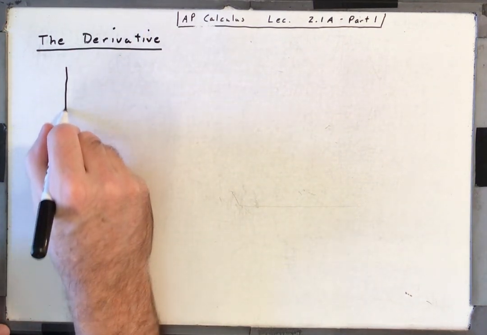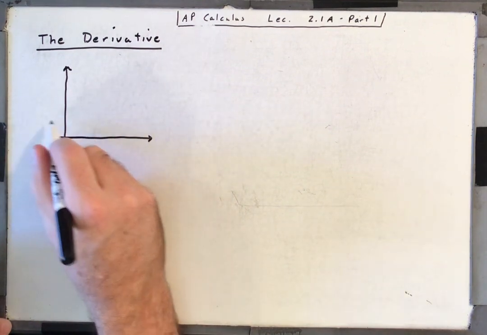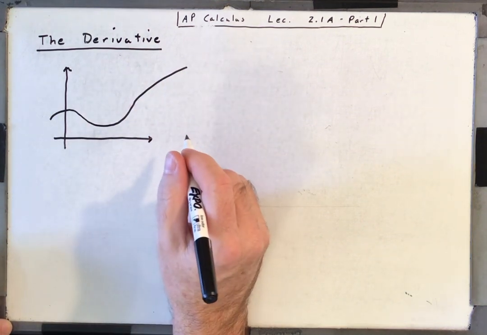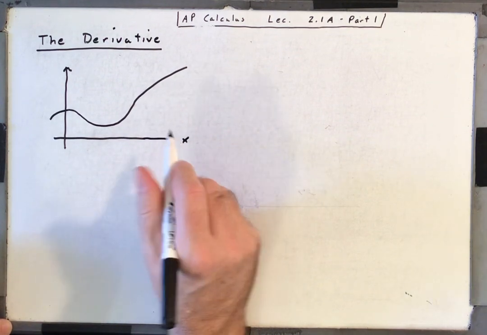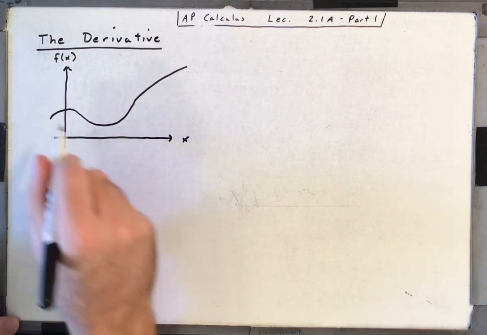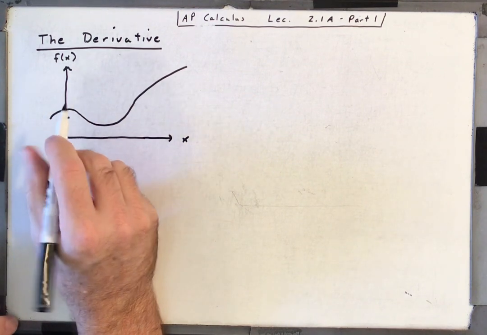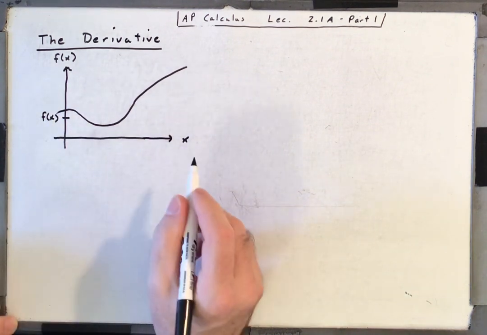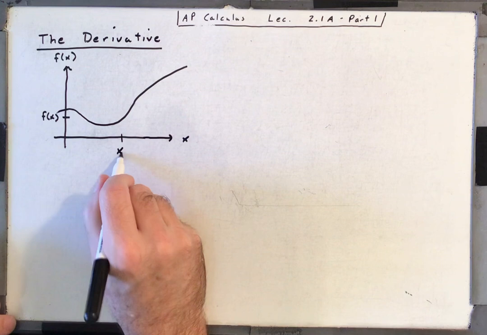Okay, so I'm going to draw a nice little function here. Let's just make it a nice curve like that. So this is x, and this is y, which we call f of x. Let's say this point here is f of x, and this point here is x.